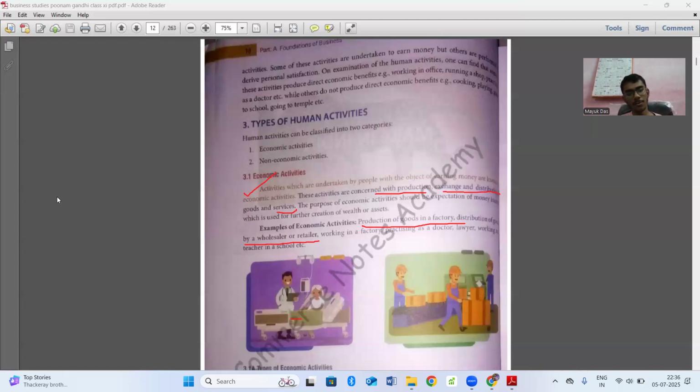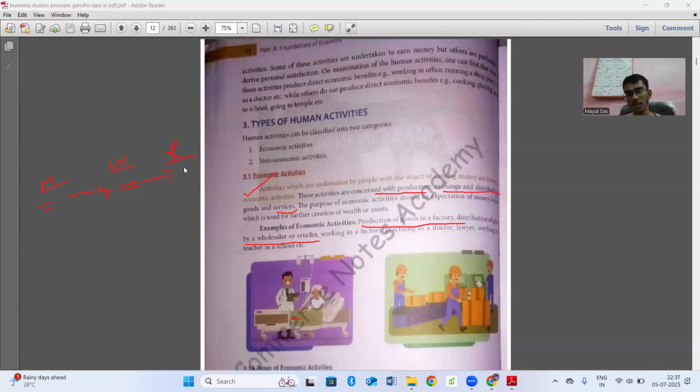First of all, we know that this is manufacturing. Suppose the things get manufactured, and then it goes to the wholesaler. The wholesaler stocks it, and then from the wholesaler it goes to the retailer.